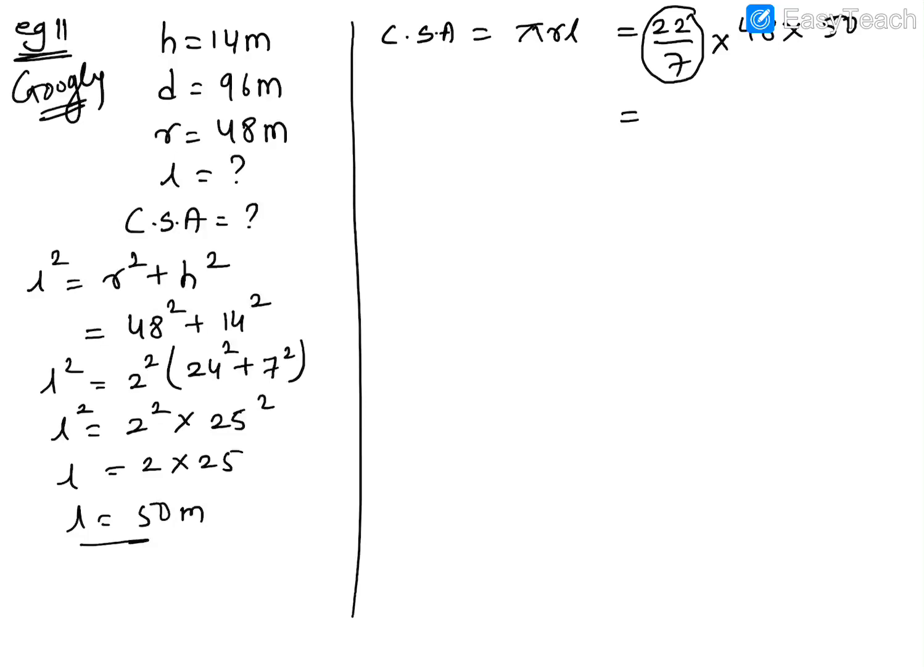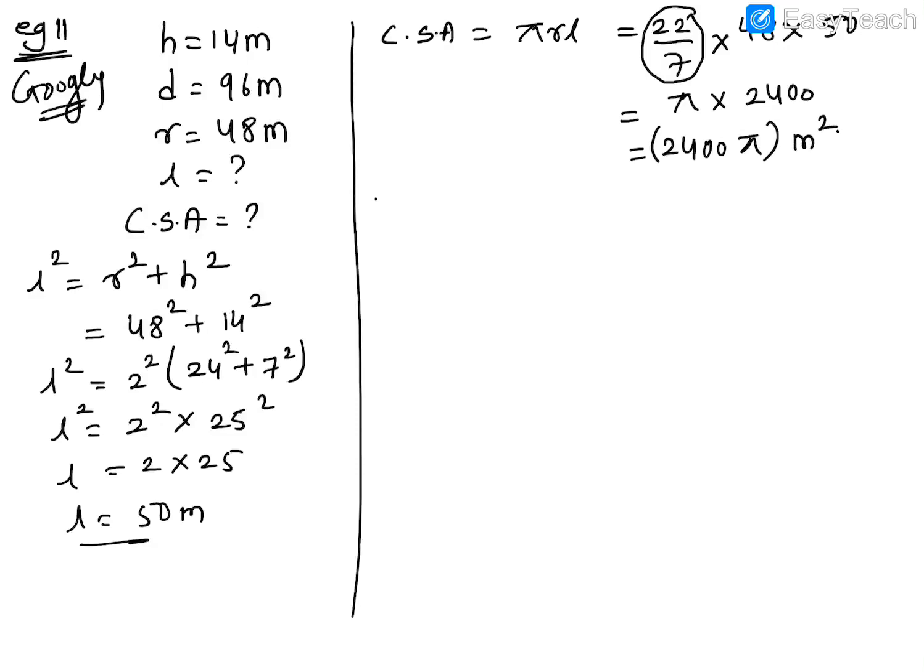We will not substitute the value. So we'll get pi into 2400, so that becomes 2400 pi. Guys, in the exams you'll have to substitute. Right now I'm doing this just to make the calculations easy for us, so our focus is more on the concept rather than the calculations. Now this many meters squared is your answer.